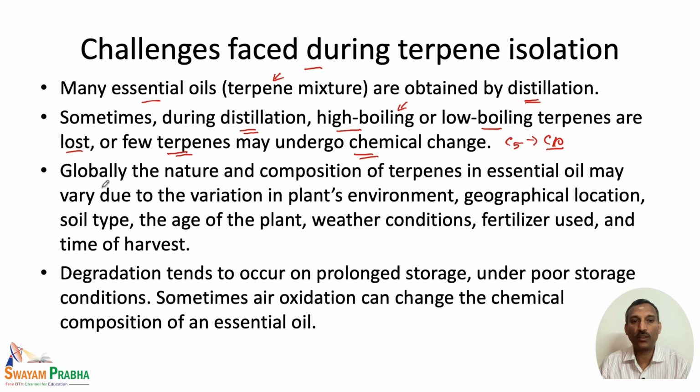And of course, when we talk about the global nature, terpenes are present in various plants. The plant may be produced either in India or in different parts of the world.